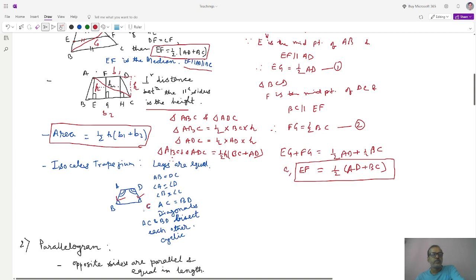So diagonals of an isosceles trapezium are equal. Do AC and BD bisect each other?